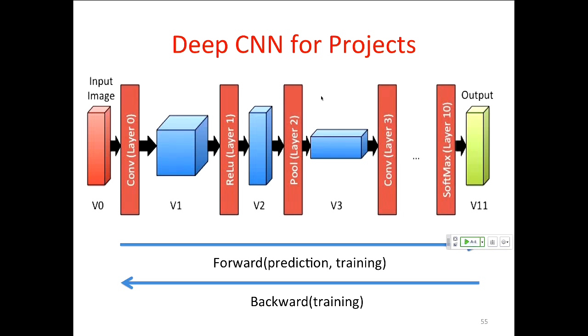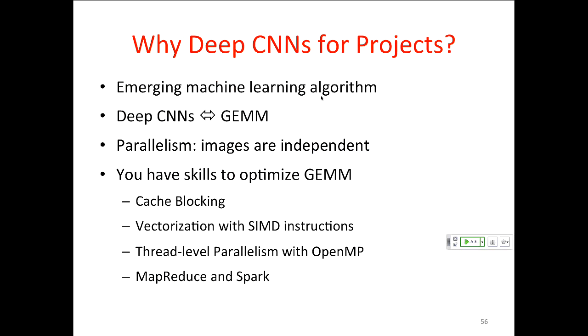Okay. So why do we have deep CNNs for the projects here? Deep CNNs are a recently emerging machine learning algorithm, a very popular one, right? And it turns out that deep CNNs are equivalent to GEMM, which is just matrix multiply. Also you have to notice that there is a huge amount of parallelism because images are independent of one another.